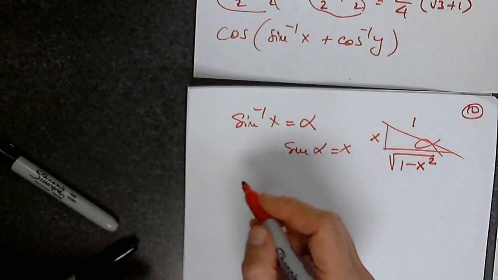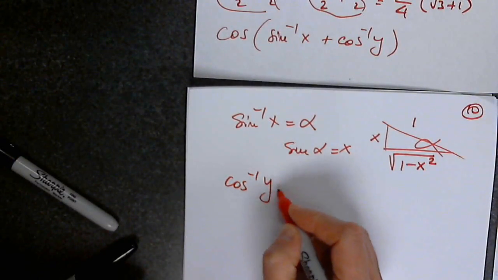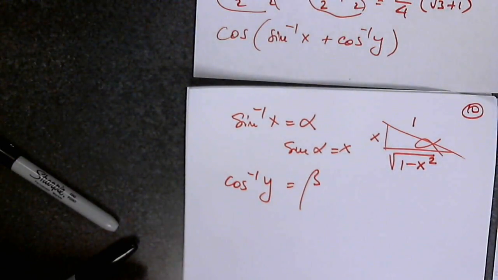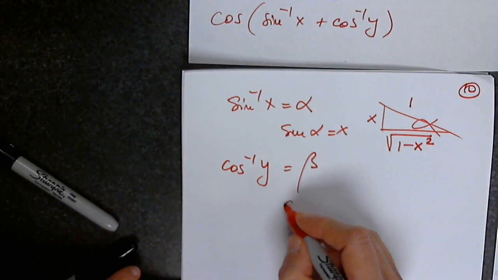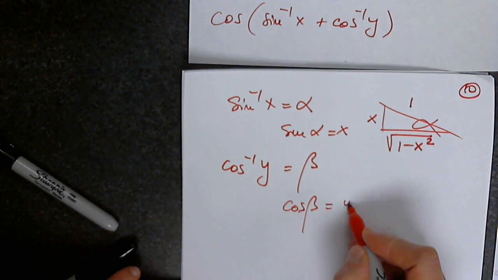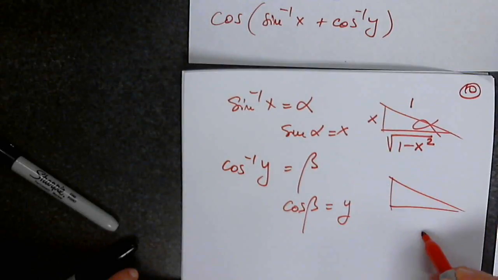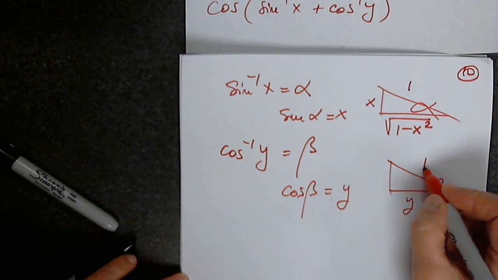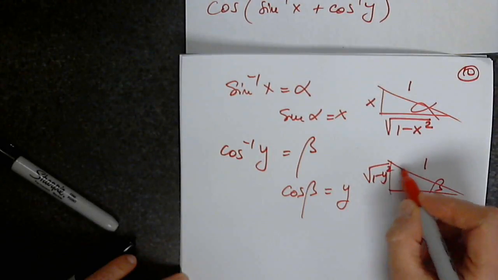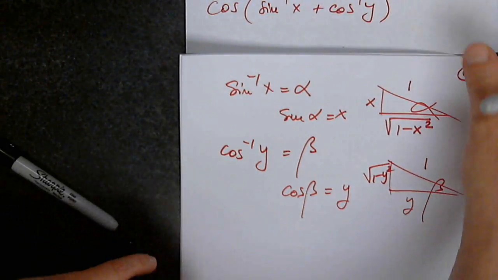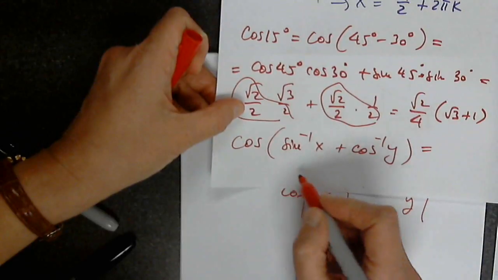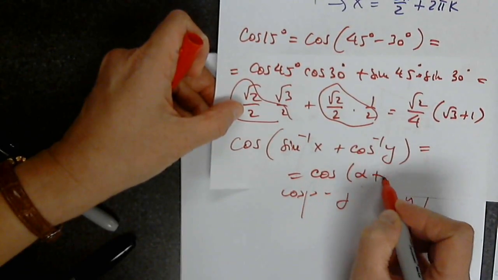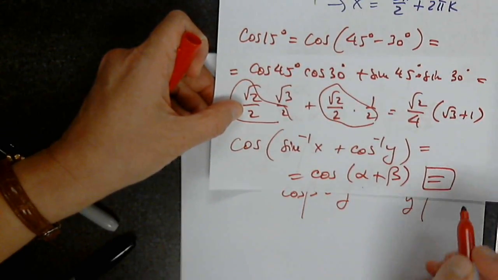In the same way, I have cosine inverse y equals beta. It cannot be the same angle. So then I know cosine beta equals y. So there is another right triangle with y over 1, and the square root of 1 minus y squared. So therefore, this whole thing is nothing else but cosine alpha plus beta.